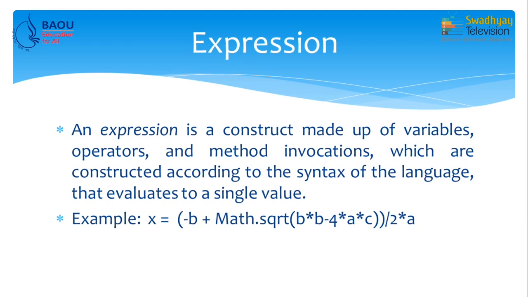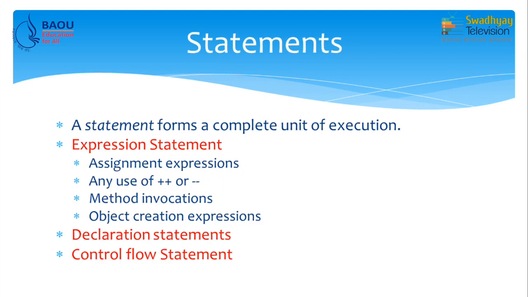We have the formula -b + square root of b squared - 4ac, and the whole divided by 2a. This is an example of an expression. We have used different operators, and we have also used a method invocation, Math.sqrt, to find the square root of b squared - 4ac.